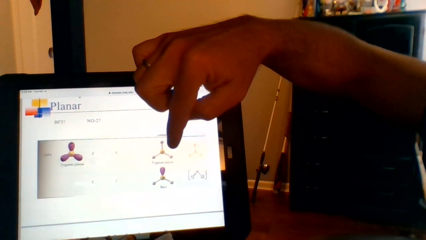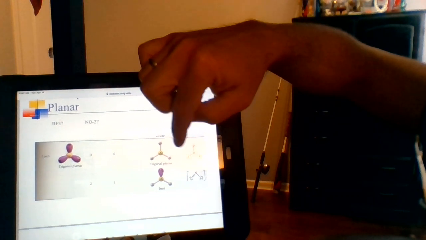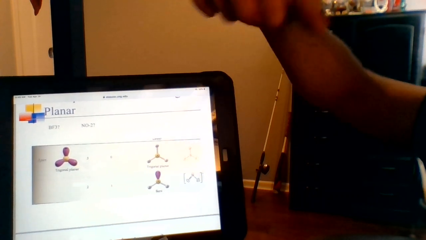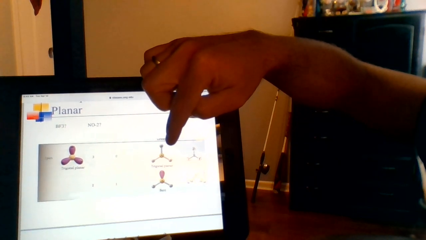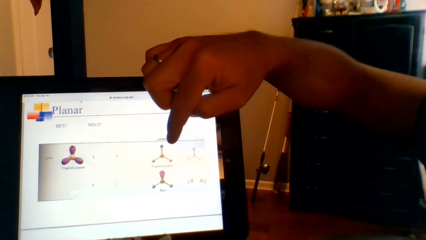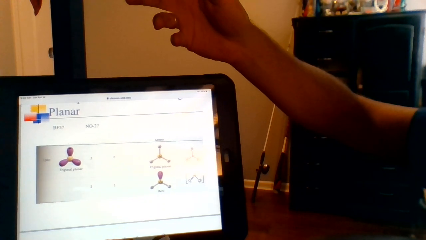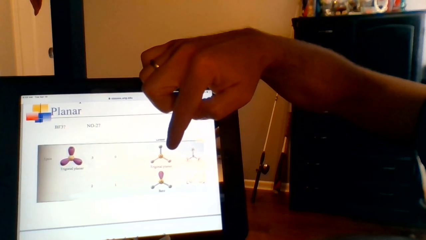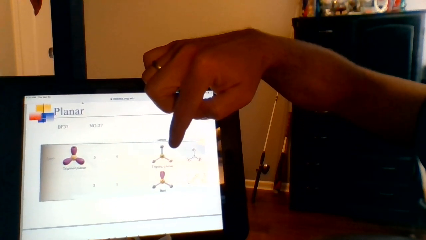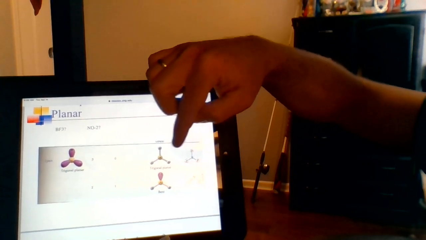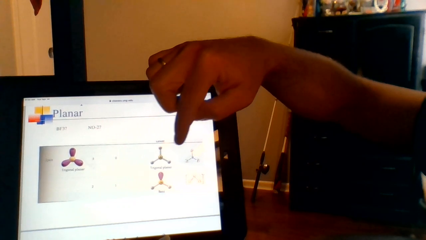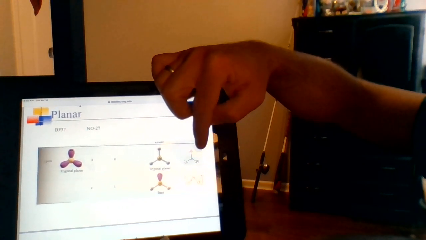If I ask what's the electron geometry, that's the overall structure where I look at everything. So this one, the electron geometry, is trigonal planar. But if I take off the lone pairs, since this one has no lone pairs, the molecular geometry, which is the shape without the lone pairs, will be the same. So the electron geometry and the molecular geometry will be identical to each other.